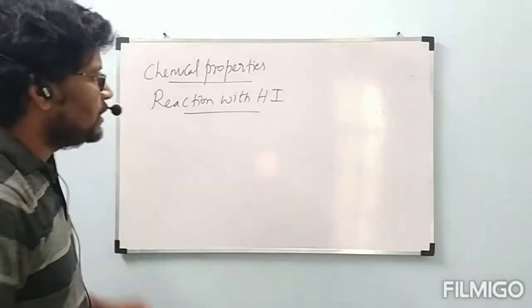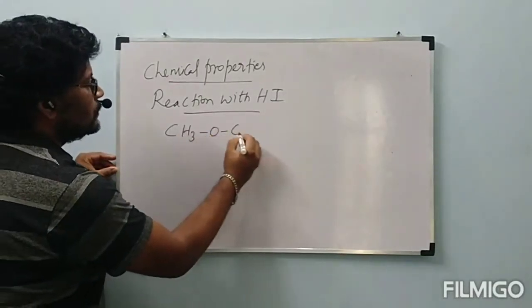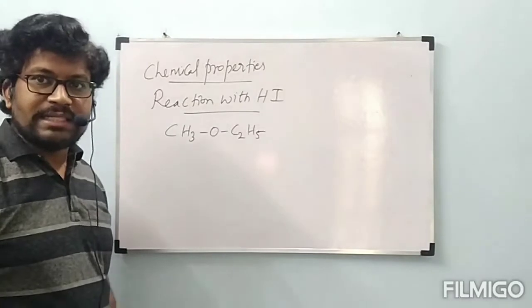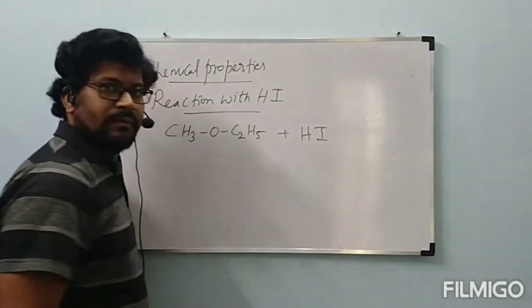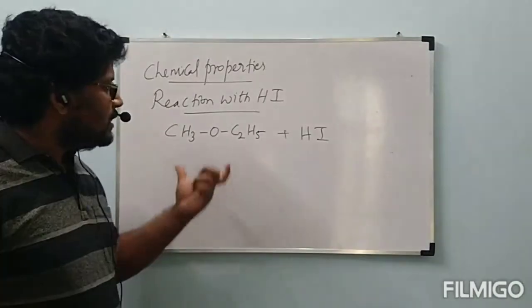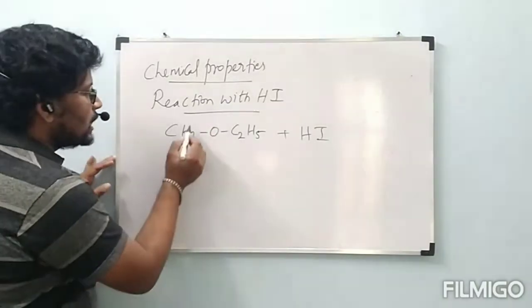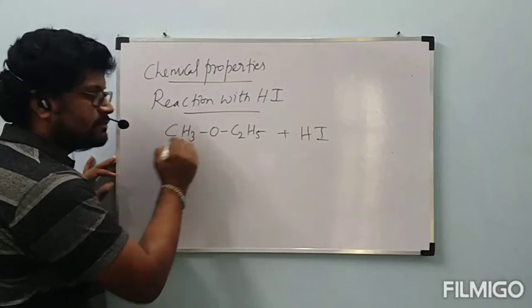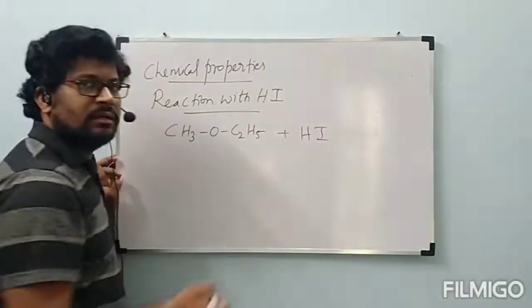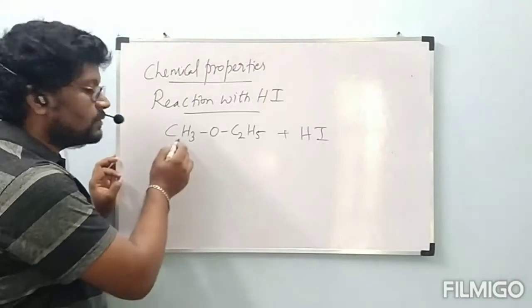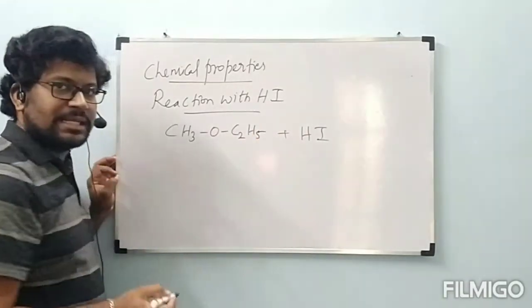Let us consider one example ether, CH3O C2H5, an unsymmetrical ether, reacting with HI. When an unsymmetrical ether undergoes reaction with HI, it is a very important point: the alkyl group which has fewer carbons will be bonded with iodine, and the remaining one is formed as alcohol.